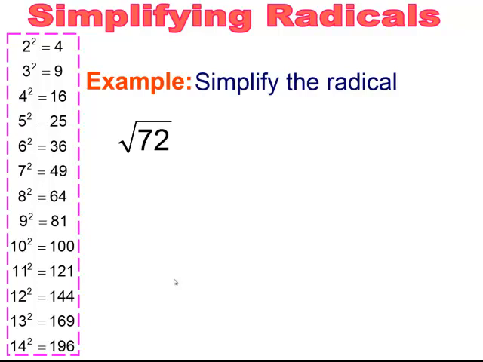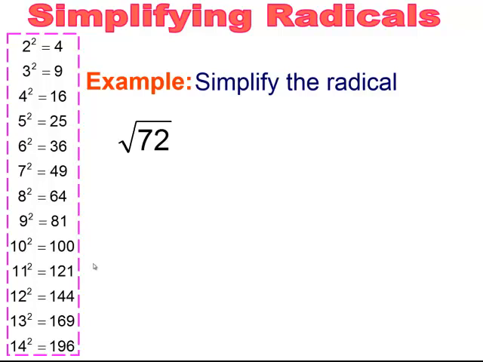I need to take out the perfect square factor and find what factor multiplied to it is going to be the leftover. I like to start high with my perfect squares because I need to simplify it in simplest radical form, so I need to pull out the highest perfect square factor. I know that 49 is not going to divide into 72, so I look at the next one, which is 36.